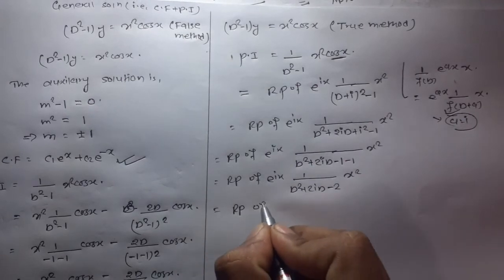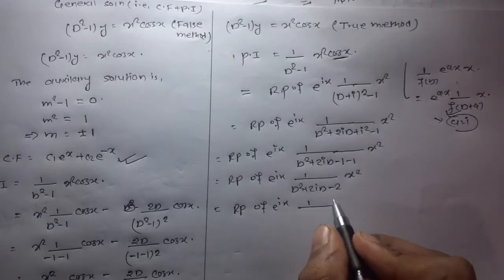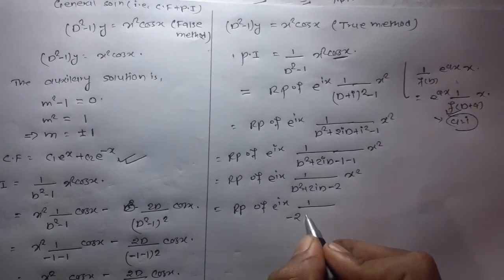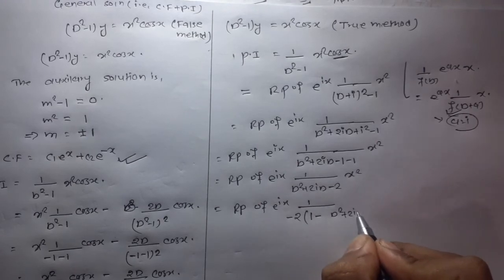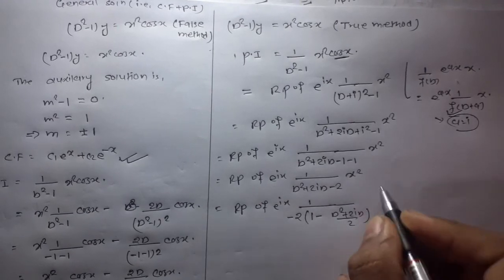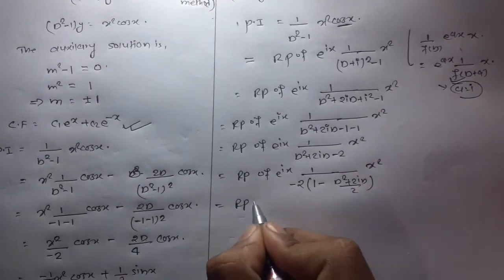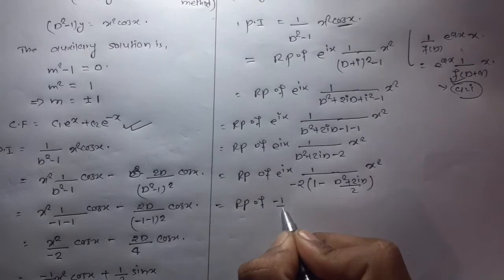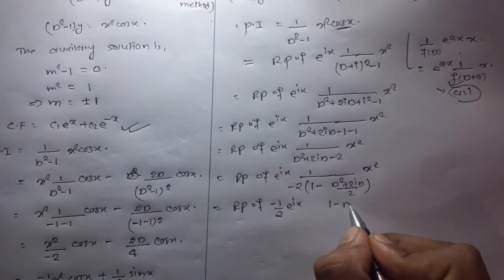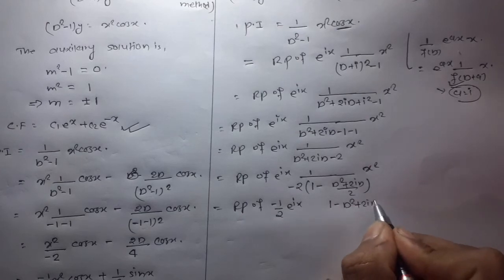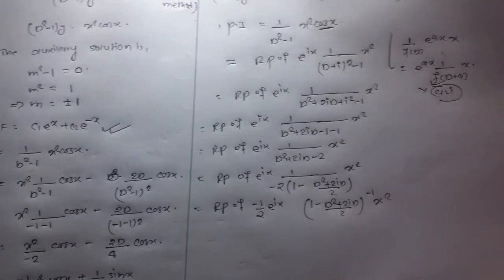This is the real part of e^(ix) · 1/(−2[1 − (D² + 2iD)/2]) x². So this is the real part of −1/2 e^(ix) [1 − (D² + 2iD)/2]^(−1) x².